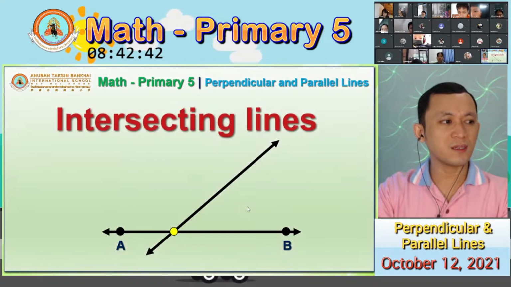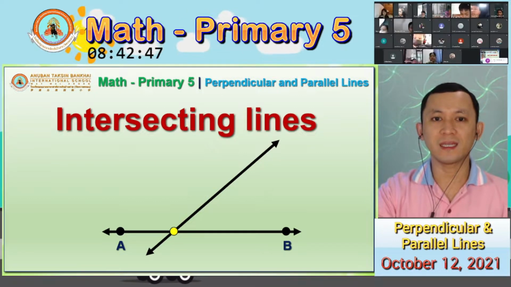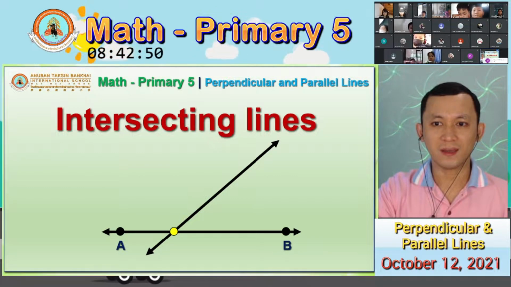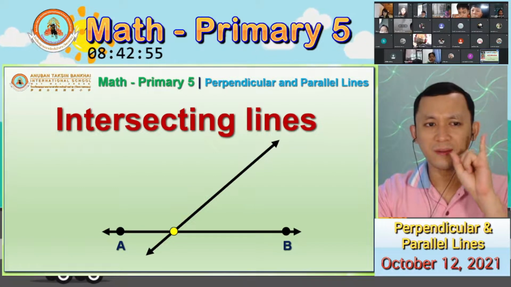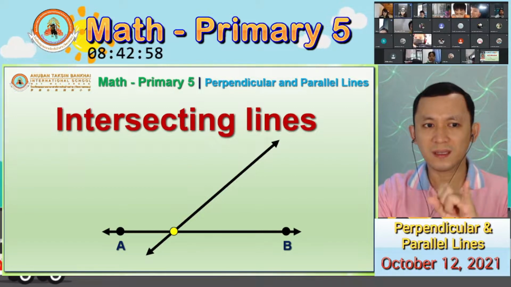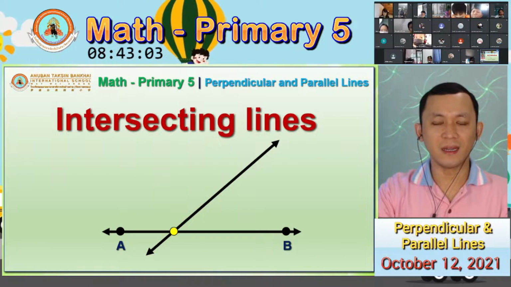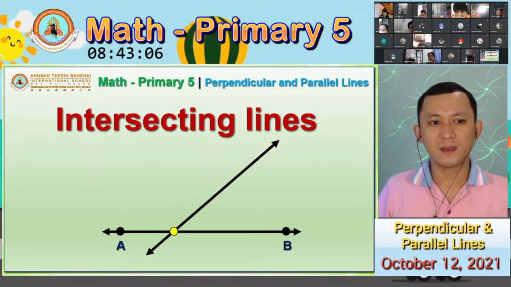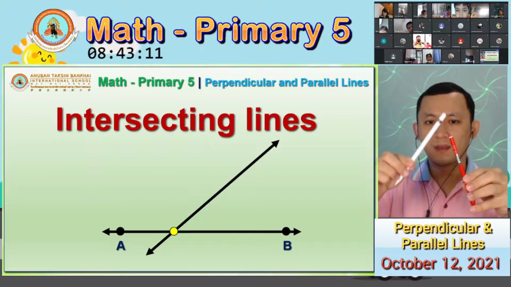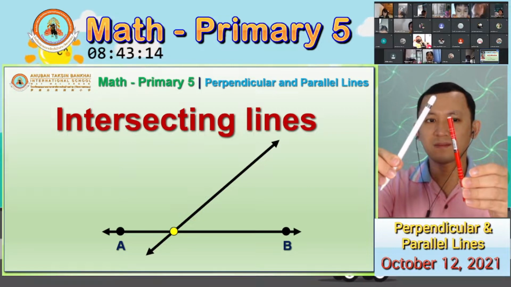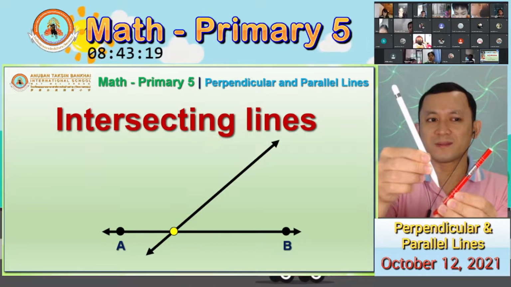In this example, this is what we call intersecting lines. Everybody say intersecting lines. Intersecting lines. Very good. Now, for each example: intersecting, yes or no?